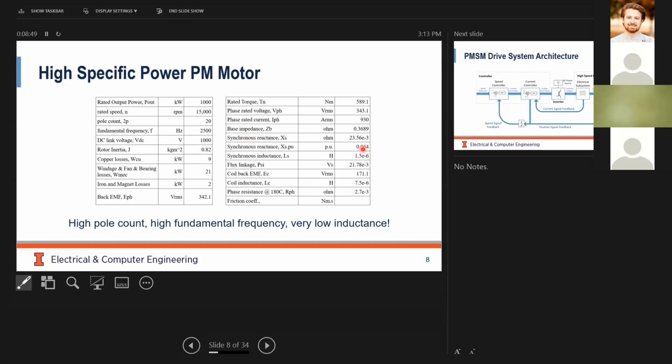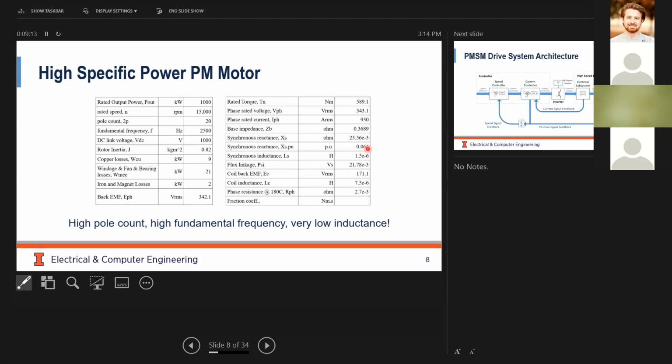With this very small inductance, our harmonics current can be substantially high, way higher than in normal applications. In normal applications, we don't worry about this because the per unit reactance is around 1 or at least 0.5. So here it's 10 times lower.